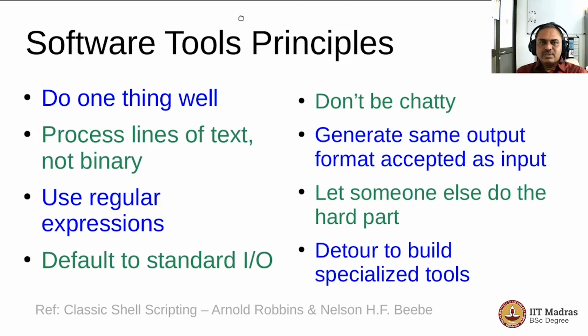And if you have a requirement to make a specialized tool, then use a detour so that you can make it for the specific need, rather than working hard to make a specialized tool that would also be very generic, because these are very different kinds of viewpoints.